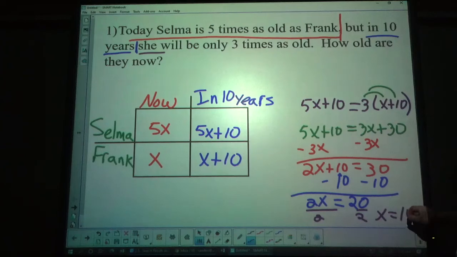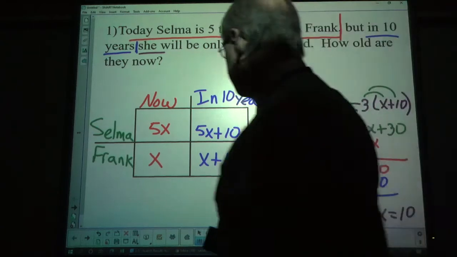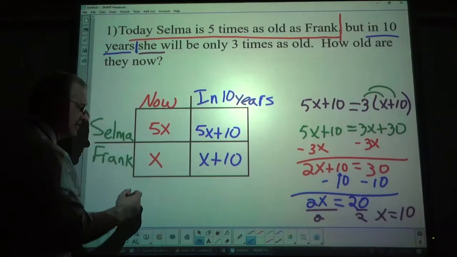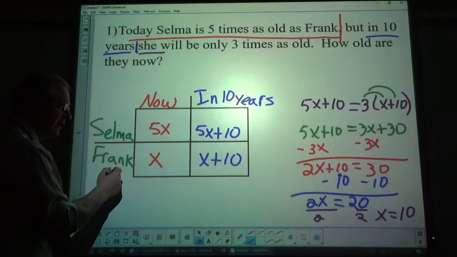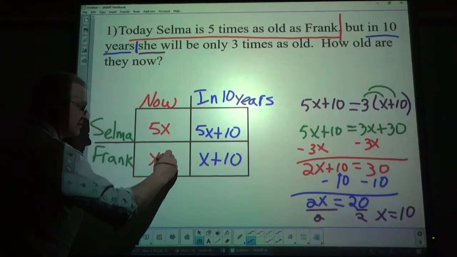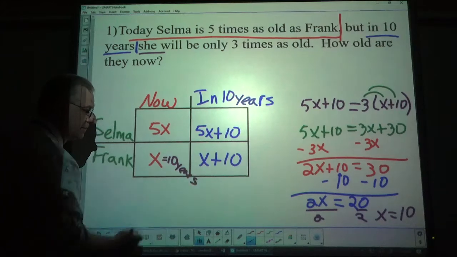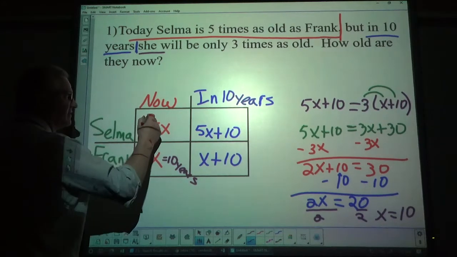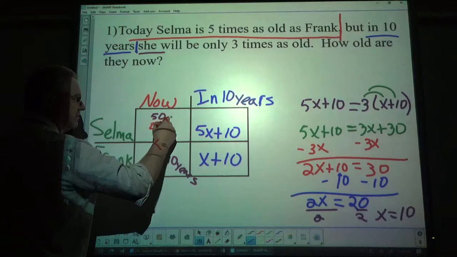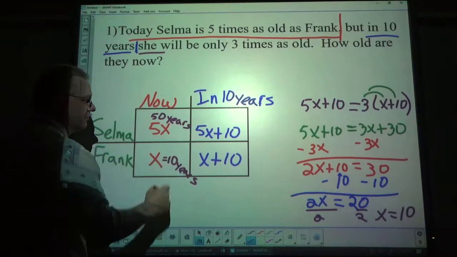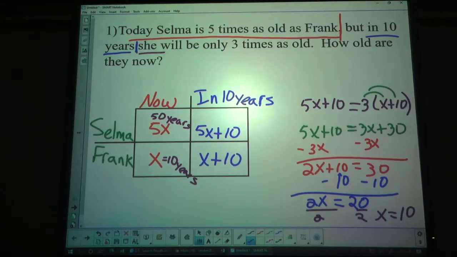X is 10. Now x, that's one of the things we have to know about. X represents how old Frank is now. So if I come back over here, I can say Frank right now is 10 years old. So that makes Selma 50 years old. And that's how you do it.